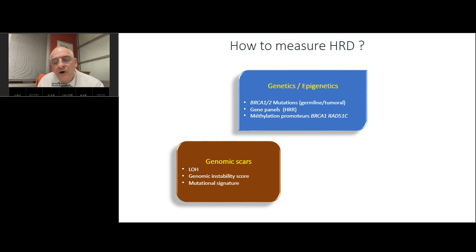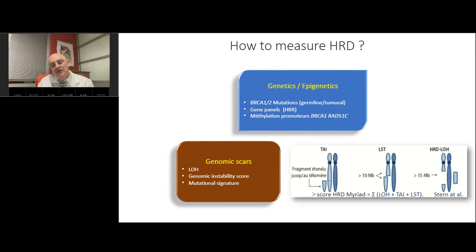This has been done in many studies with a solution that came from Myriad Genetics. It's called myChoice. And actually, it adds LOH plus what is called telomeric imbalance and large-scale rearrangement. So you sum these three alterations, and you've got a score reflecting instability of the genome inside the cell.